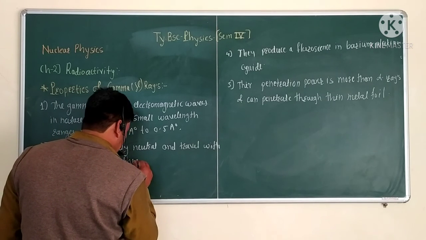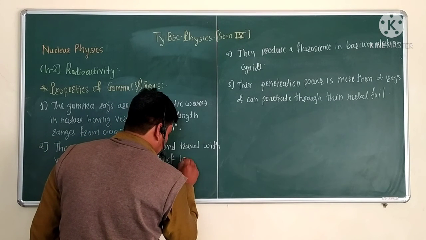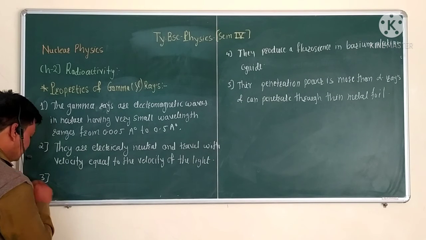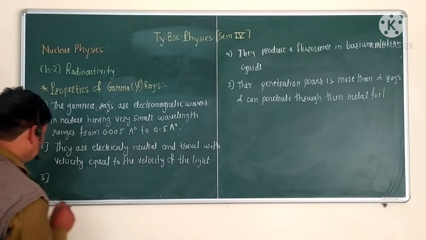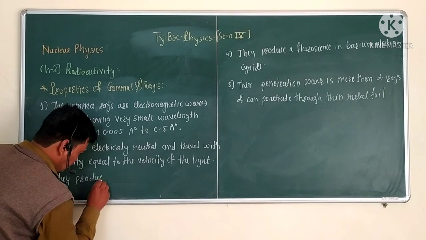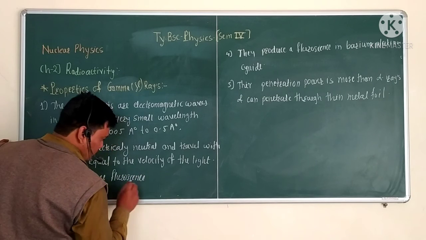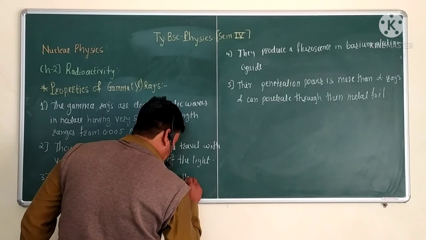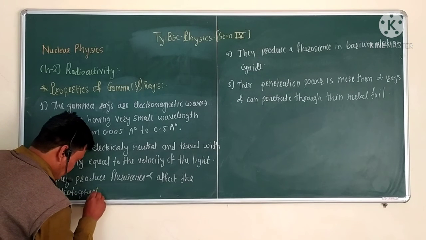The next property: they produce fluorescence and affect the photographic plate.